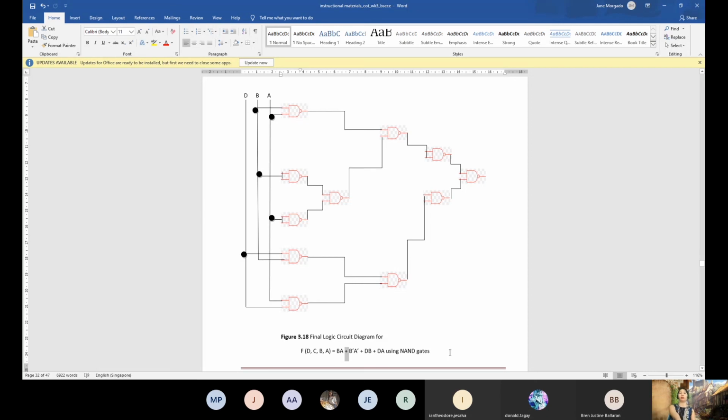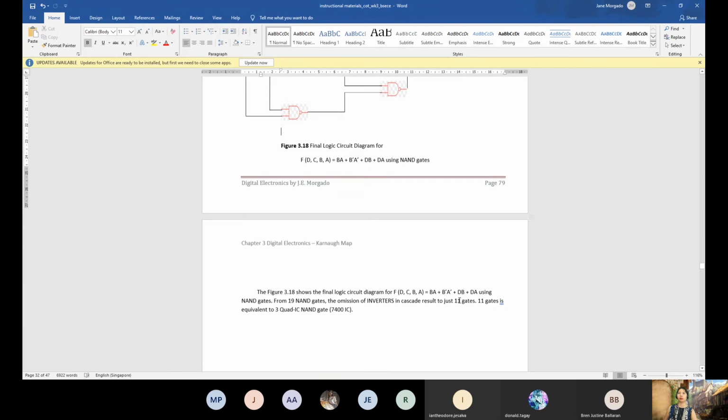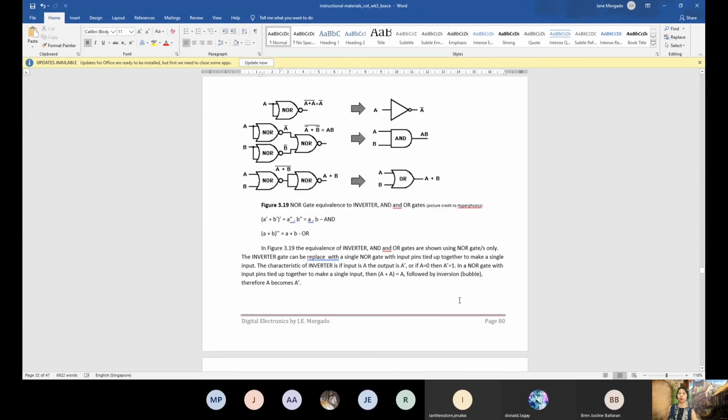But if you only have NAND gates and you're already familiar with the pin diagram, it will become easy for you to wire this, to implement the circuit. Again, it's just a matter of getting used to circuits. So let's proceed with NOR gates.